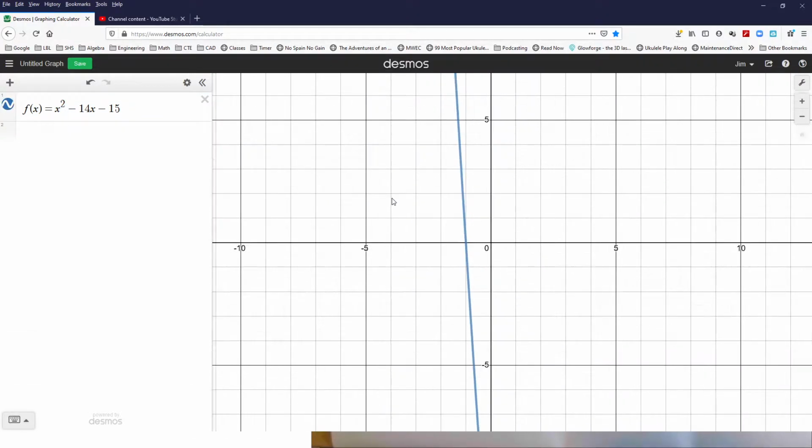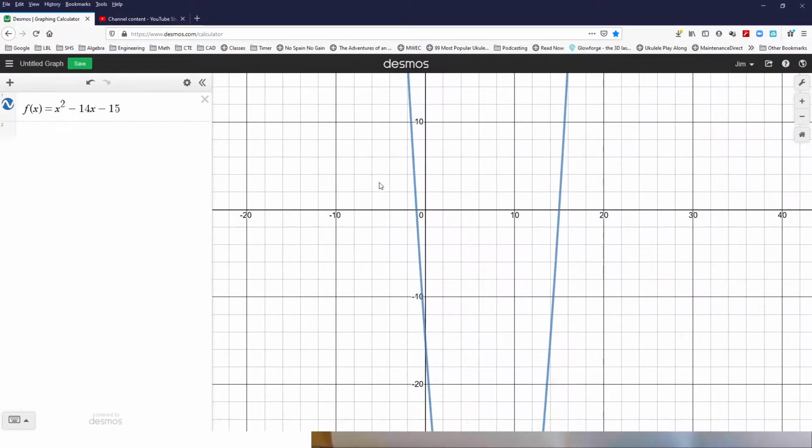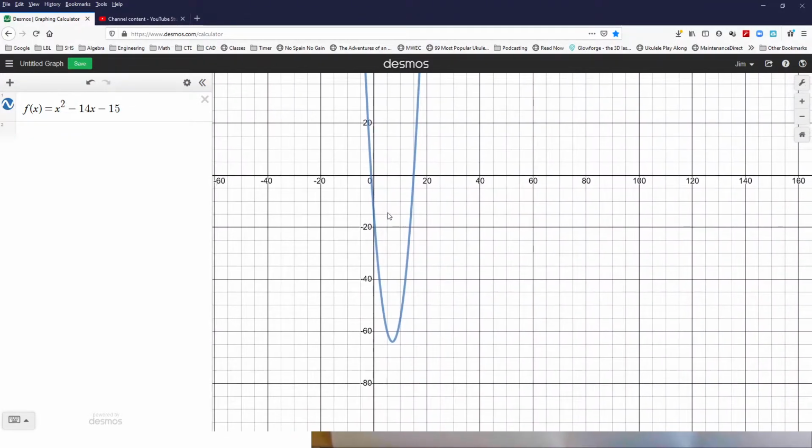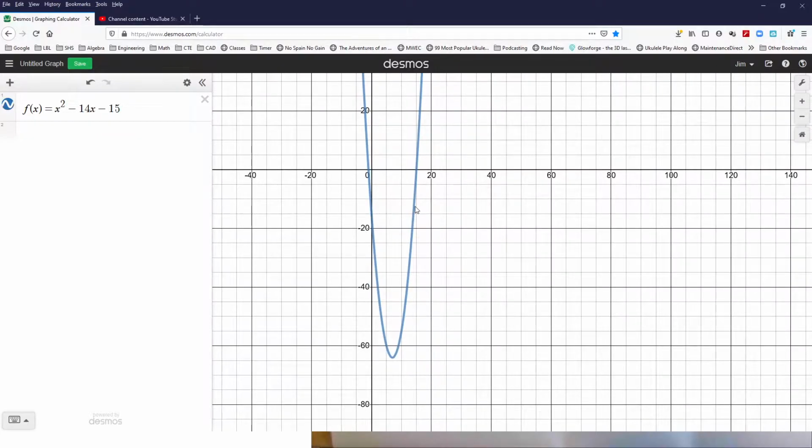And so I could see that parabola right there. Okay, so there's my parabola, and I can just check these points out. And so I could see at negative 1 and 15, those are my x-intercepts. I can see my y-intercept is at 0, negative 15. Okay? I can see my vertex here is at 7, negative 64.